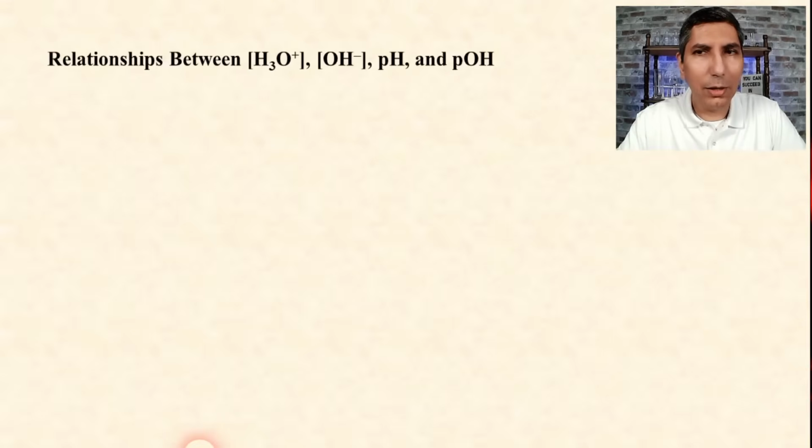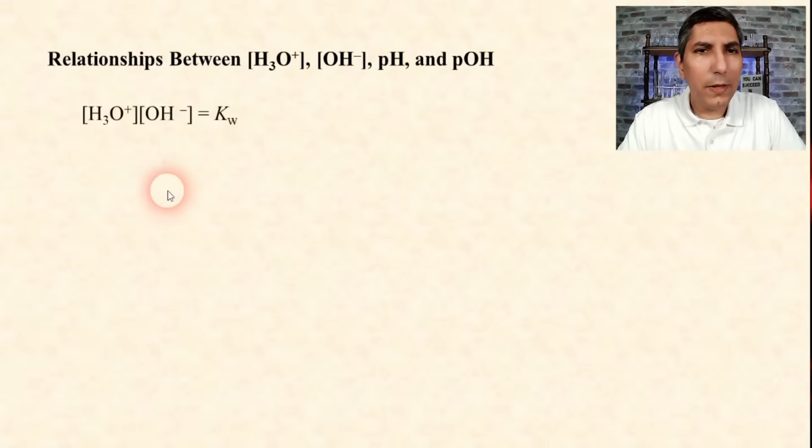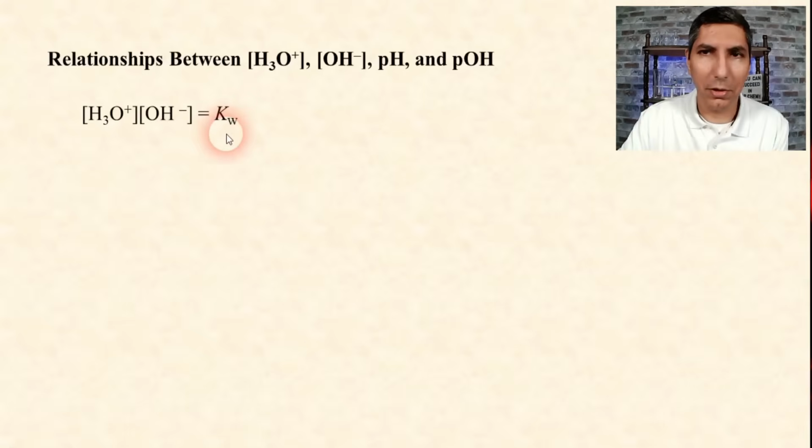Now, let's take a look at Unit 8, which is acids and bases. And let's think about the relationships between hydronium ions and hydroxide ions, as well as pH and pOH. Now, this is probably the fundamental equation here. The hydronium ion concentration times the hydroxide ion concentration for any solution is always equal to Kw.